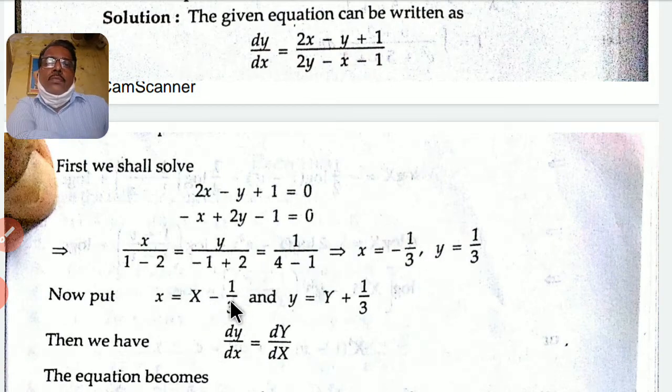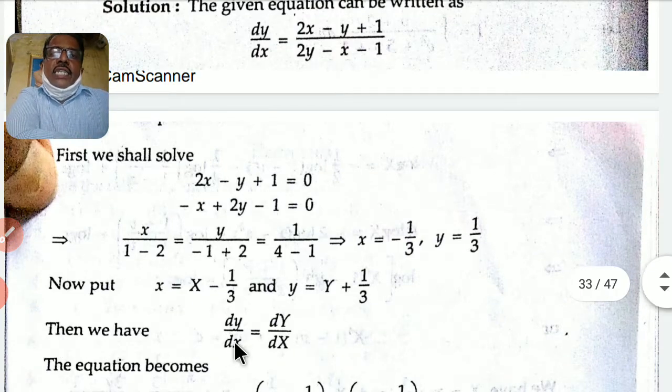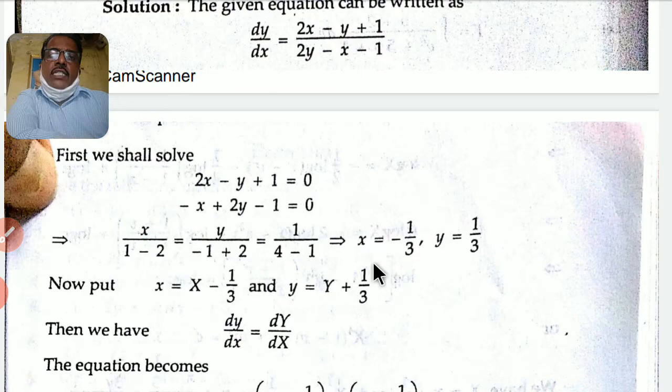So here this plus into minus becomes -1 by 3. Similarly, small y is equal to capital Y plus this value, that is 1 by 3. Okay, so then differentiating, first differentiate each term, dy, so which is d capital Y, this is constant, so differentiation of constant is 0.